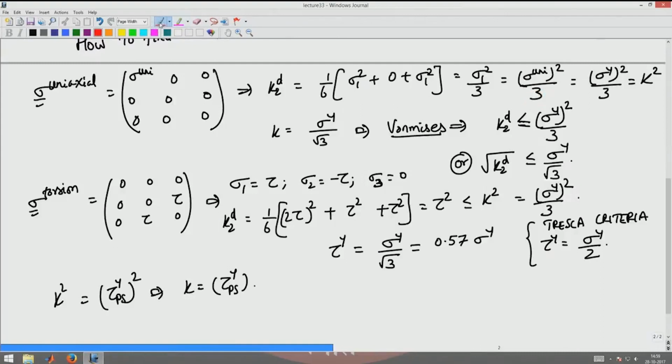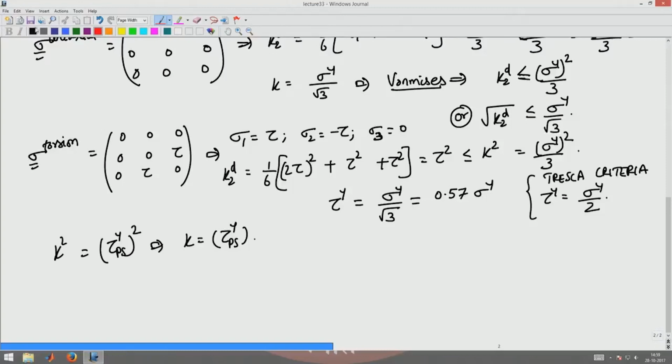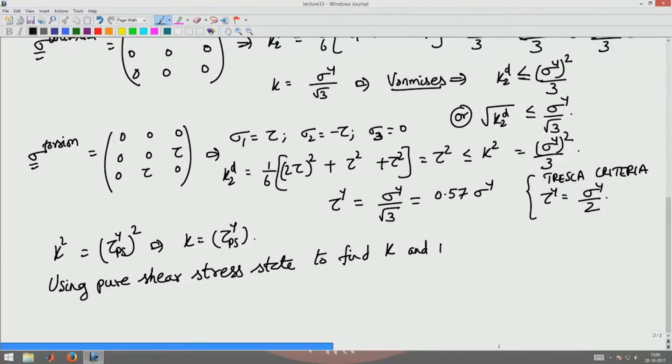Okay. So, basically what I am doing is using the pure shear stress state to find kappa and use it to predict the uniaxial yield stress.